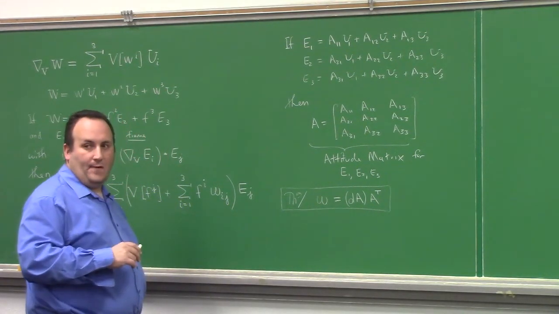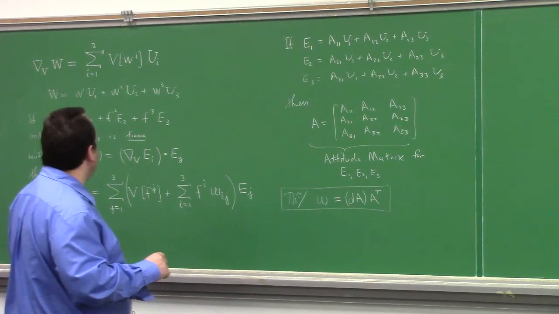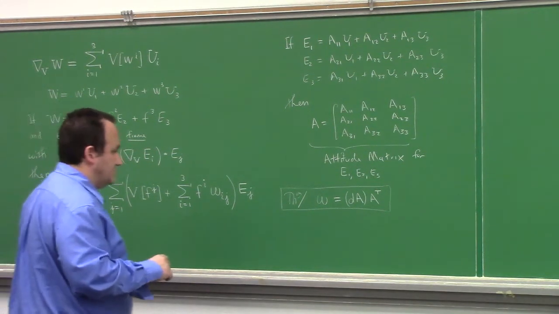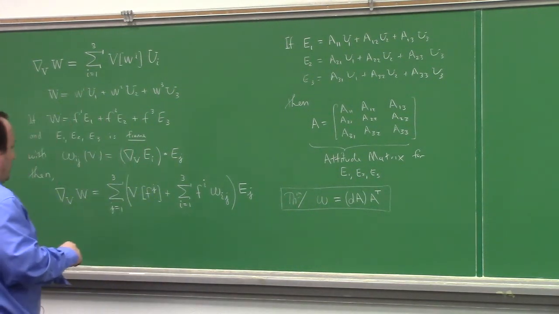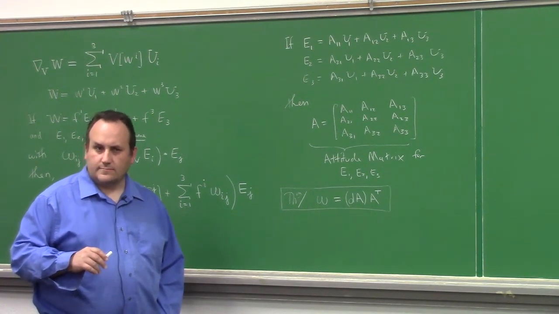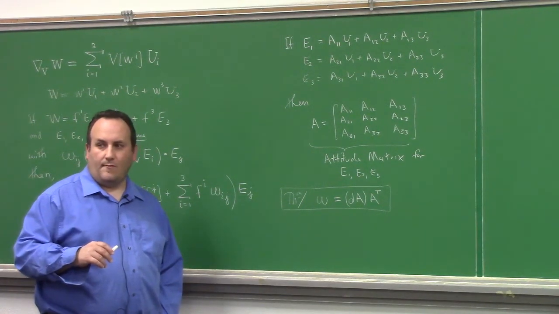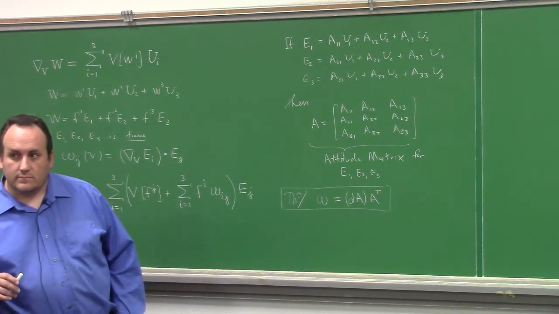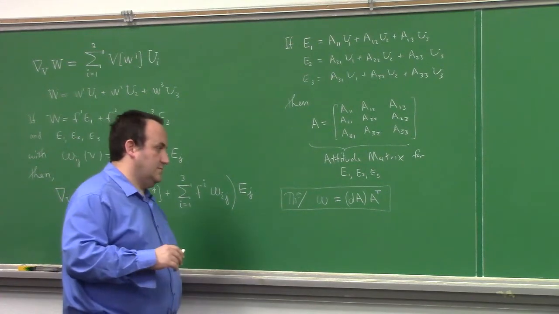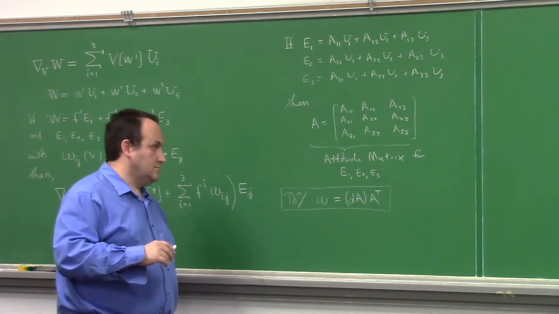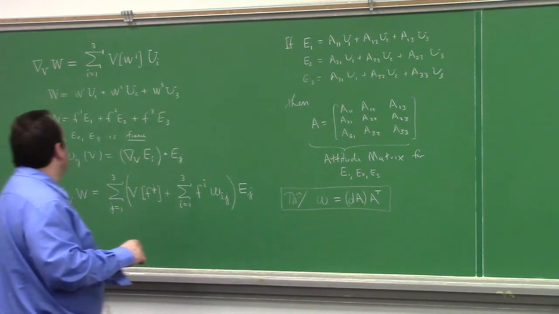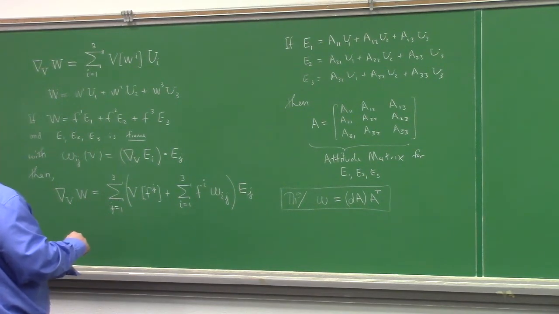Summation from K equal 1 to 3 of the covariant derivative of V on E_I, A_IK, UK. We derived it from the covariant derivative of the summation over K from 1 to 3 of A_IK UK, dot EJ.